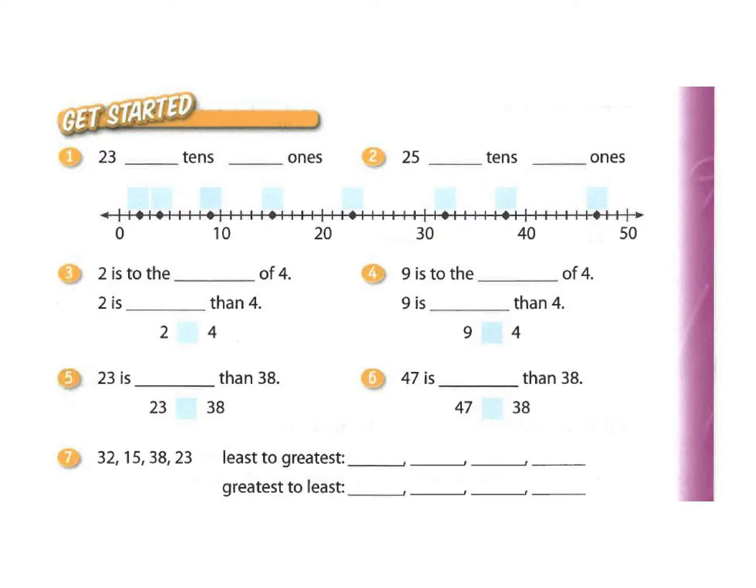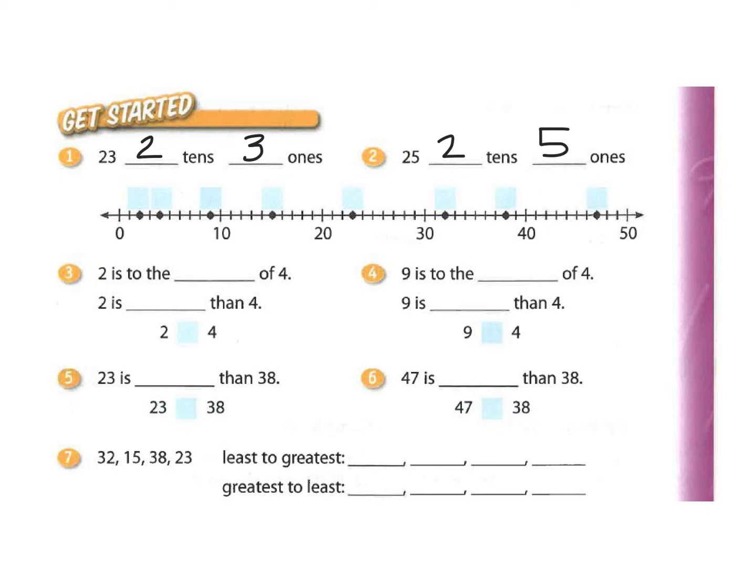So let's look at this. We're going to write out our numbers and then we are also going to put them on the number line. If we have 23, that means 2 tens and 3 ones. And then 25 is 2 tens and 5 ones.